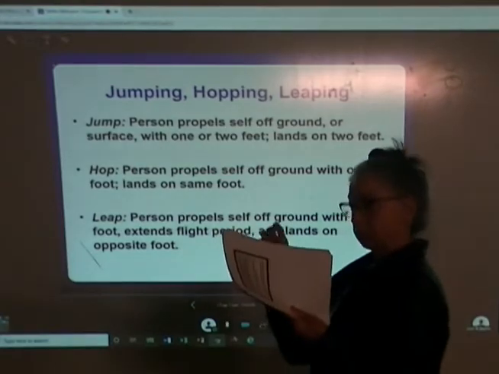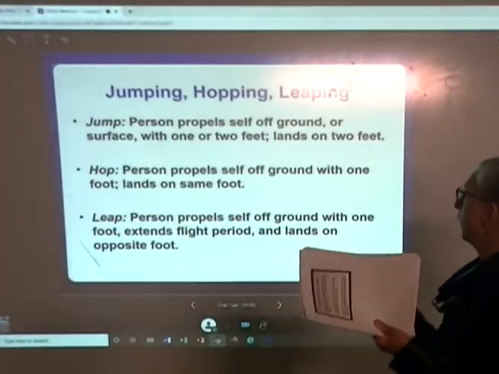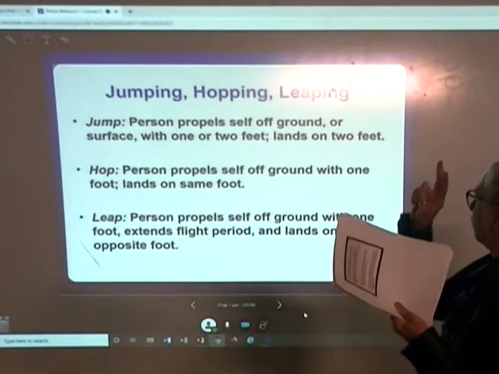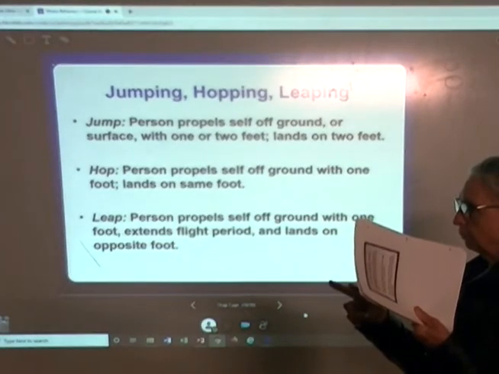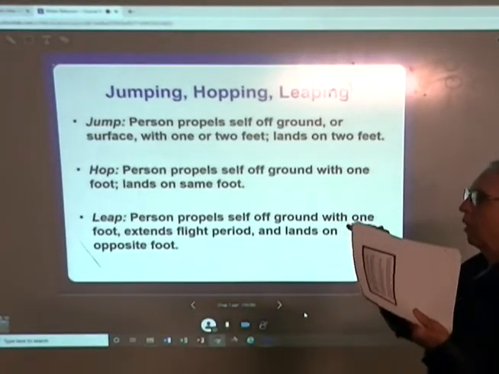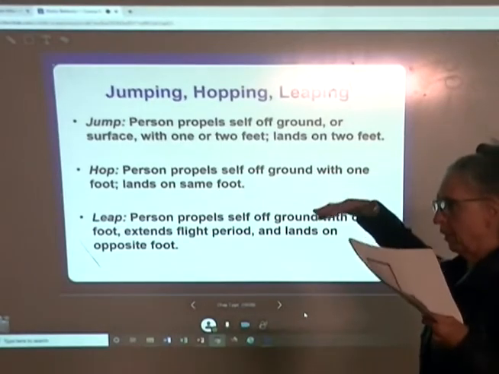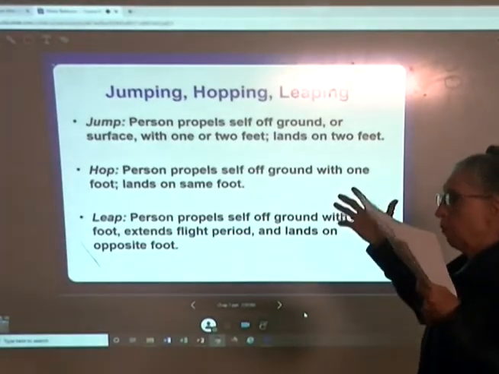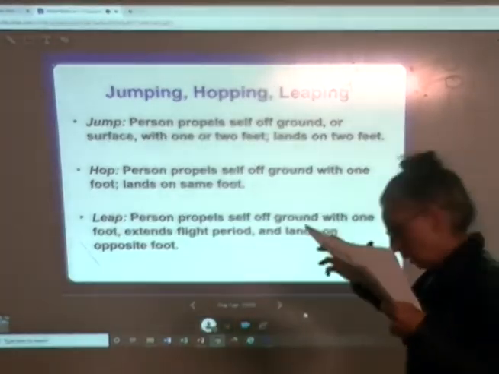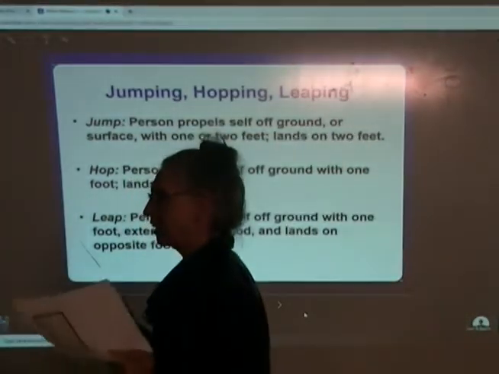Jumping means I am taking off 2 feet and I am landing on 2 feet. Now, if I'm up on a surface, like a box in the gym, some researchers will count taking off 1 foot but landing on 2 feet as a jump.